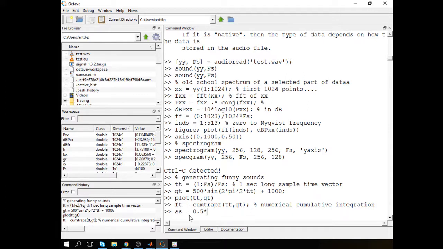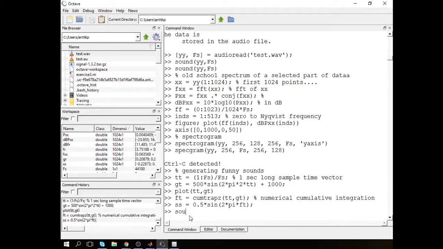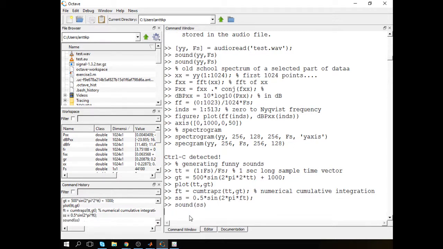So my signal s is maybe a little bit less amplitude, sine of 2 times pi times f(t). And let's see, sound s. Sampling rate is not right. I forgot to put the sampling rate.